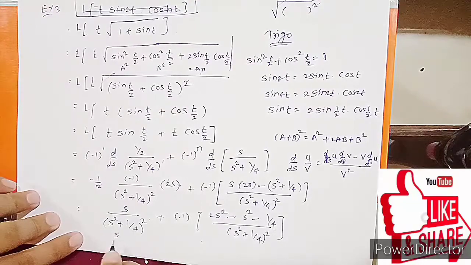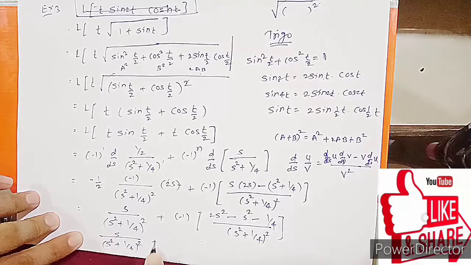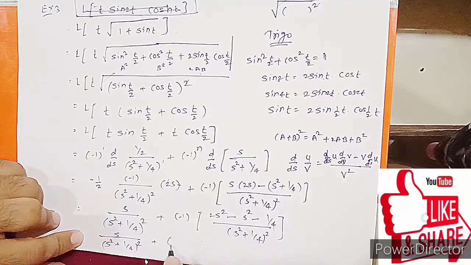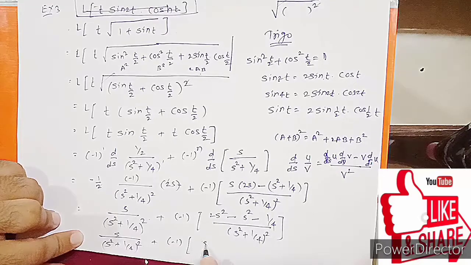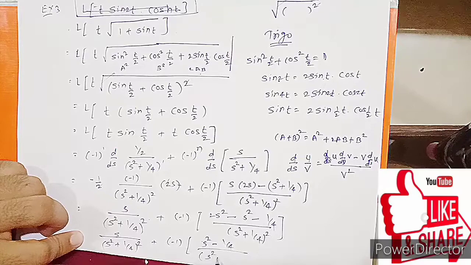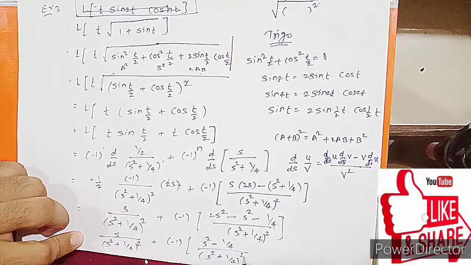So this term is as it is, s upon s square plus 1 by 4 bracket square plus, now tell me 2s square minus s square क्या होगा? s square minus 1 by 4 divided by s square plus 1 by 4 bracket square.